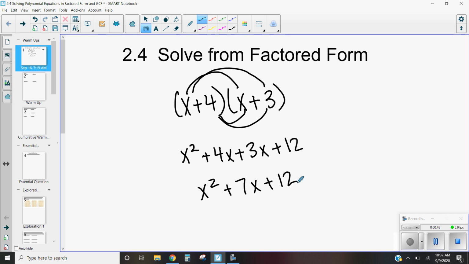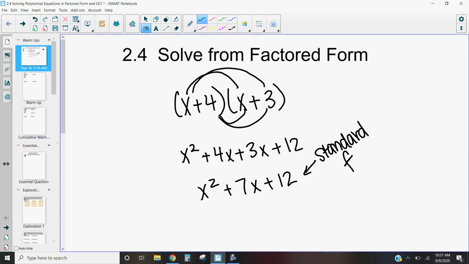So when we're talking about solving from factored form, this right here is called standard form. And remember, standard form is when our expression is written from the highest degree to the lowest degree, from left to right.